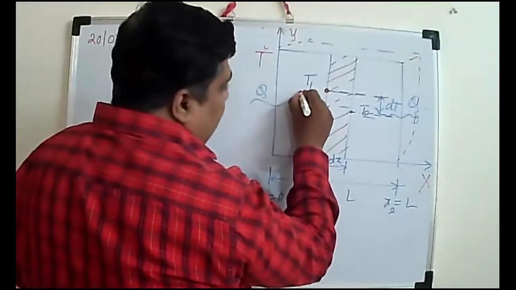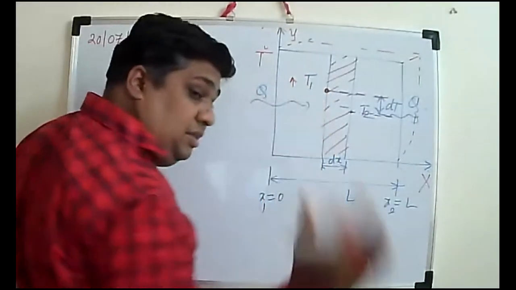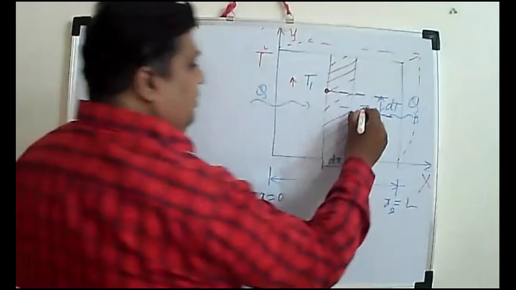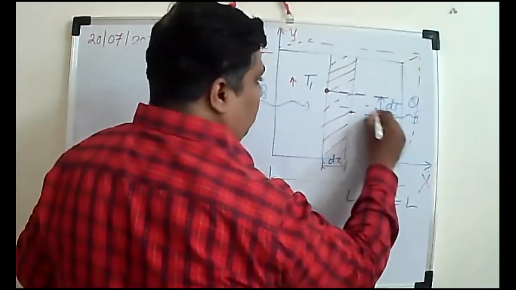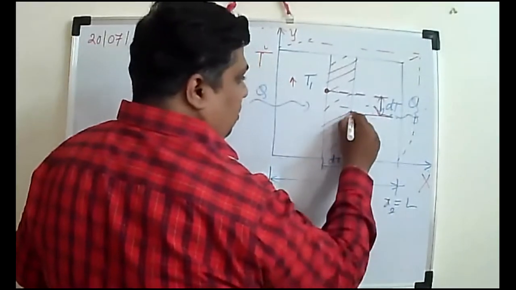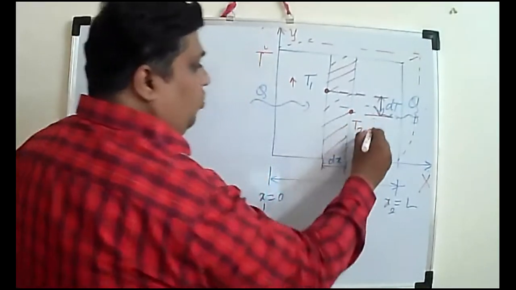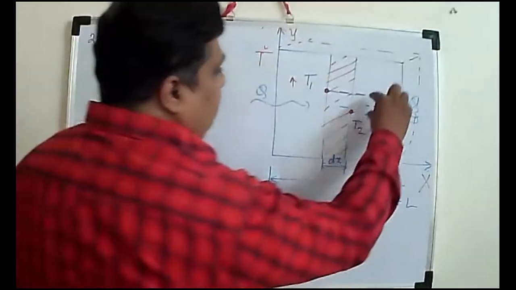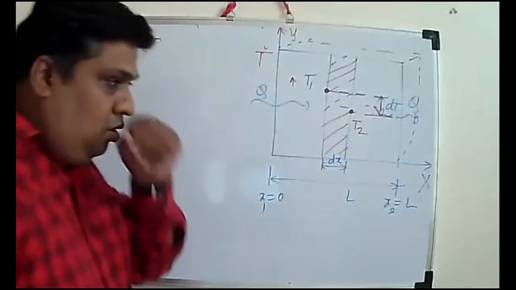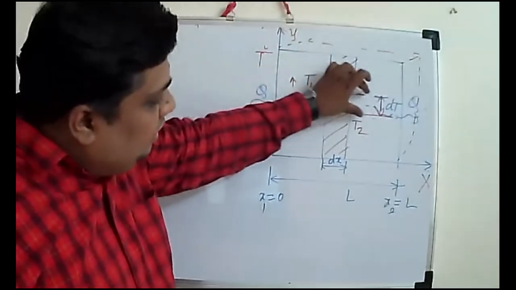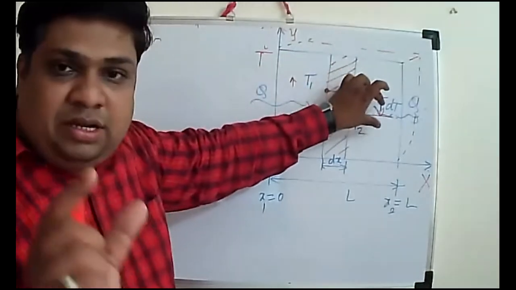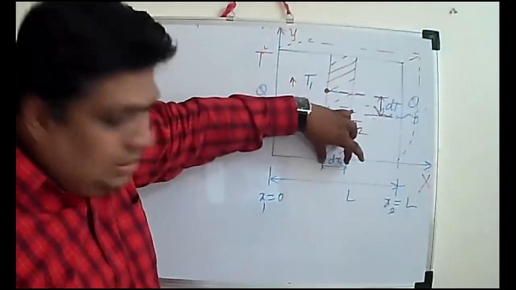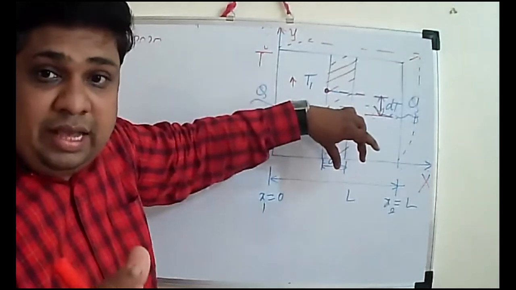This is T1, which is at higher temperature, and this is T2, which is at somewhat lower temperature, and this vertical distance between the two points is dt.